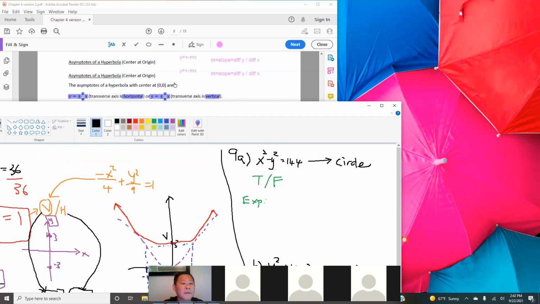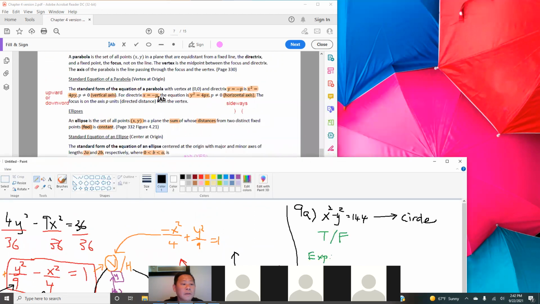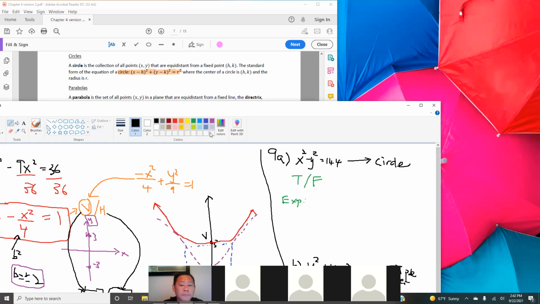A circle's equation is x squared plus y squared equals r squared. So in this case, is this a circle? No, this is false. Yep. The reason this is false is because this is a negative. It should be x squared plus y squared equals 144.